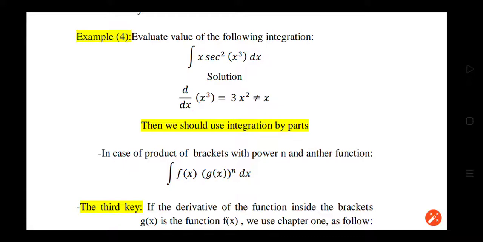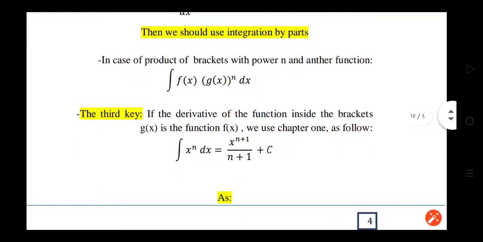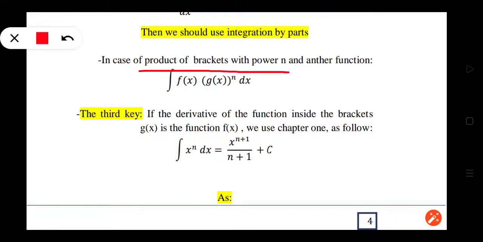The third key is about if we have a product of brackets with power n and another function as follows. The third key: if the derivative of the function inside the brackets g of x is the other function, we use chapter 1 by adding 1 to the power and dividing by the new power.